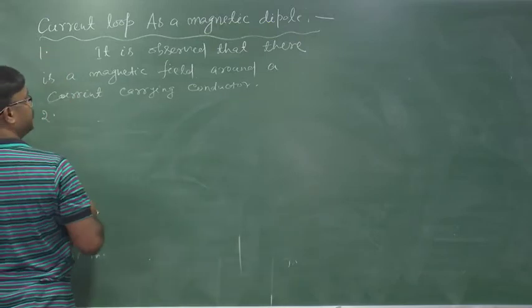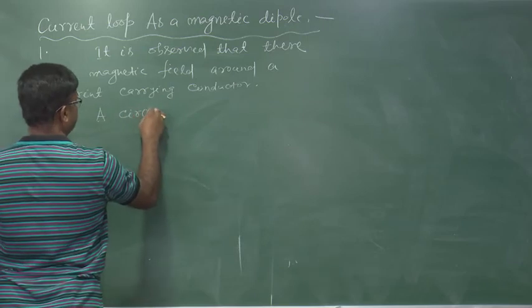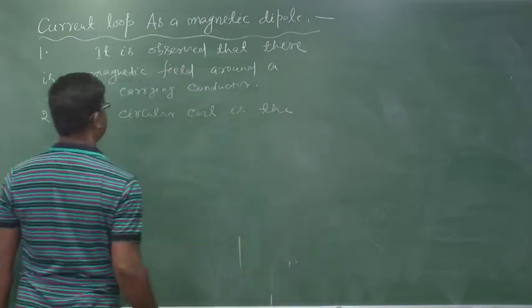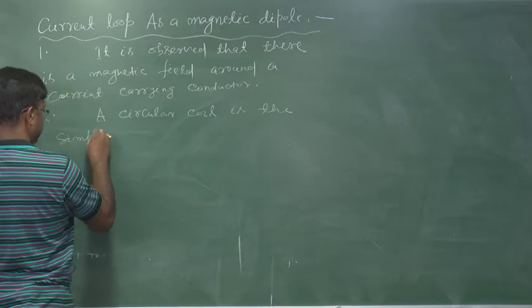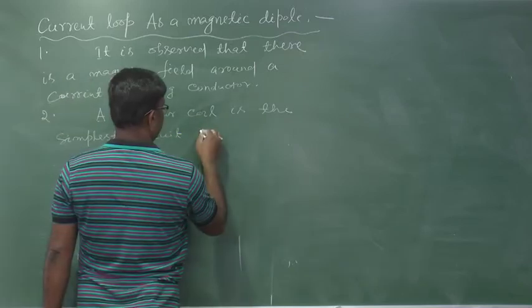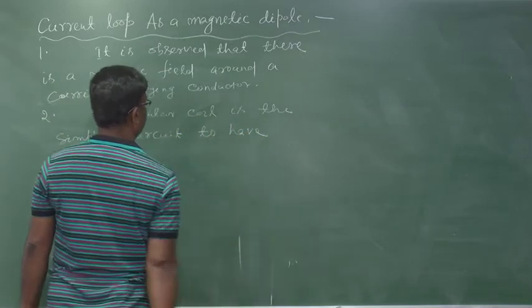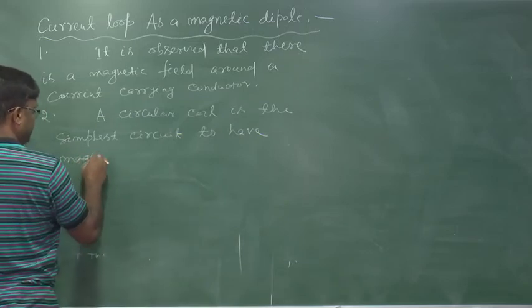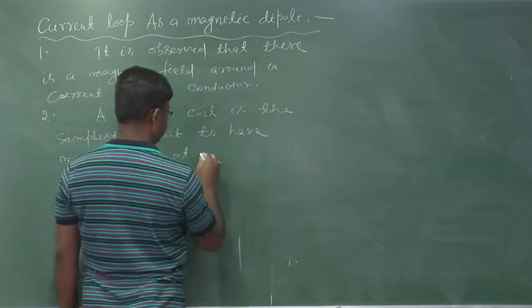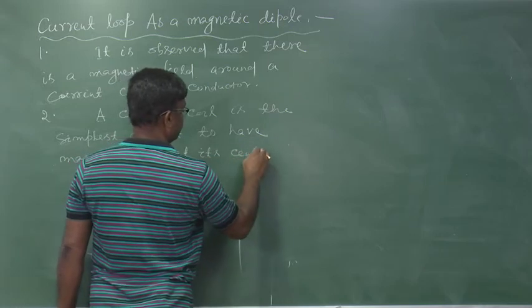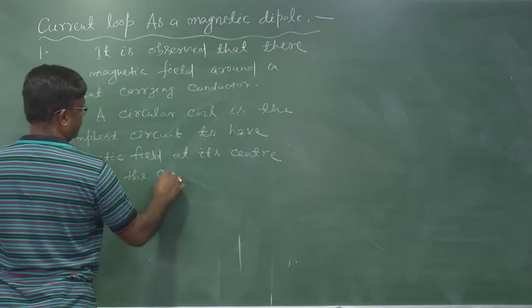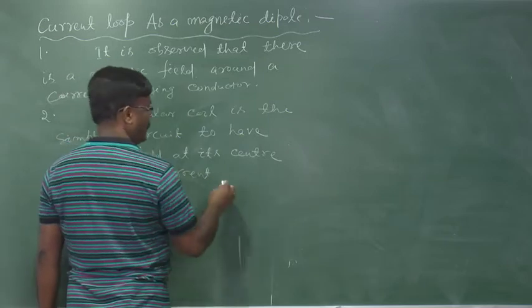Number 2, a circular coil is the simplest circuit to have a magnetic field at its center due to the current flowing through it.